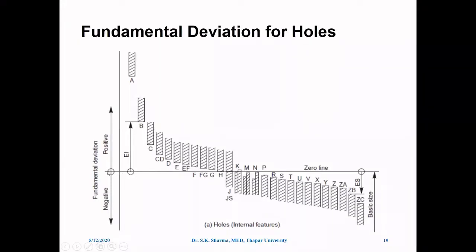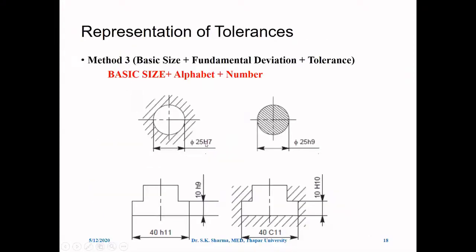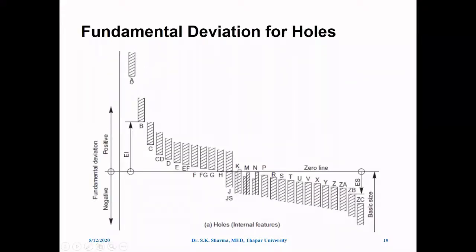Now if this is the zero line, meaning the basic size, for example 25 mm, right? So this is the 25 mm line. Then in this case, you have the H alphabet here. You can have any alphabet, A, B, C, D, whatever, right? These alphabets indicate what is the closest of the two sizes.